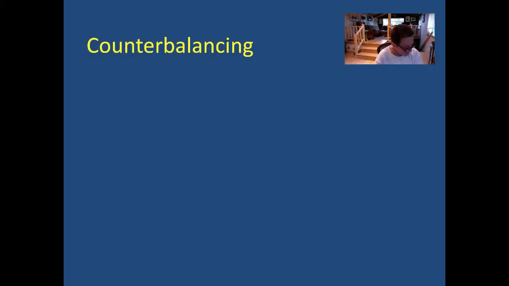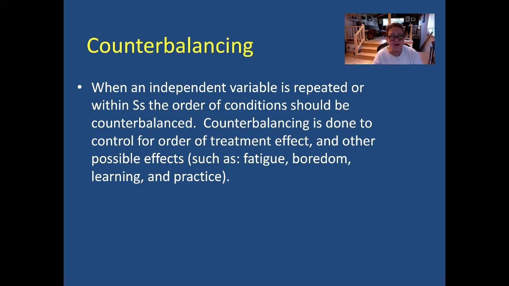So now I finally want to talk about what counterbalancing is. Counterbalancing means that when you have an independent variable or a repeated measure, which we call a within subjects variable, the order of conditions should be counterbalanced. What that means is that you're controlling for the treatment effect or other possible effects such as a fatigue effect, a boredom effect, a learning effect, and a practice effect.